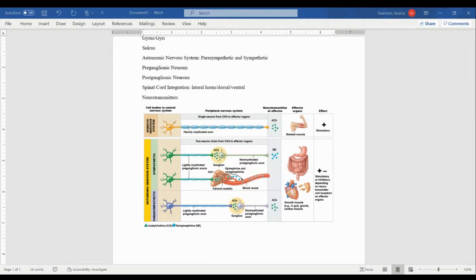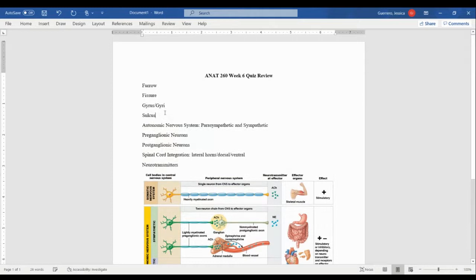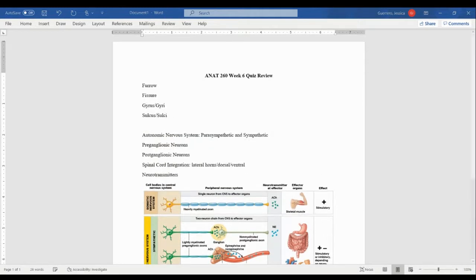I'm going to come back up just to keep things together. Sulcus could also be called sulci. Those are anatomical terms. I'm just trying to help you stay organized. You also need to be familiar with what the term ganglia means.